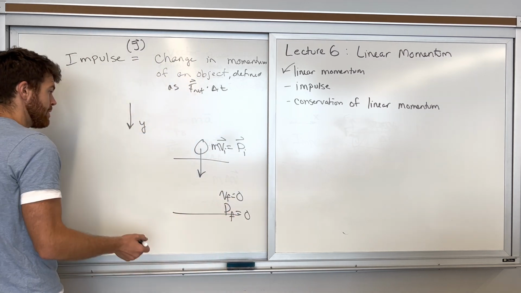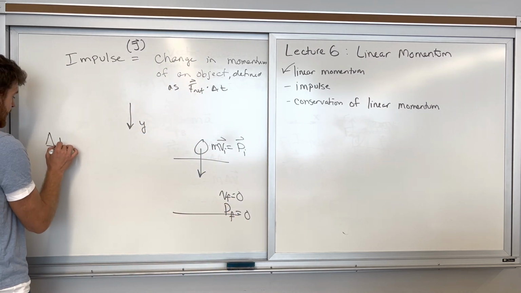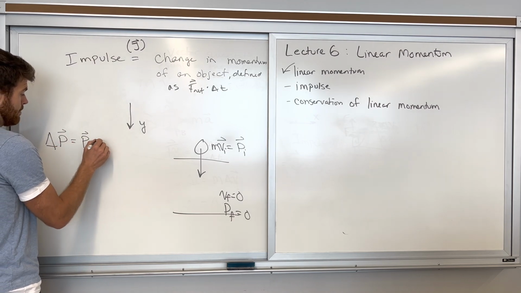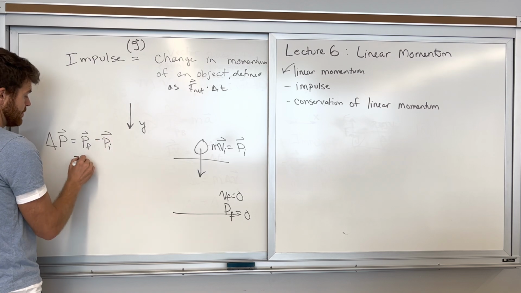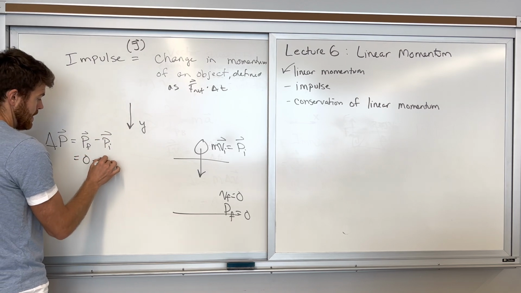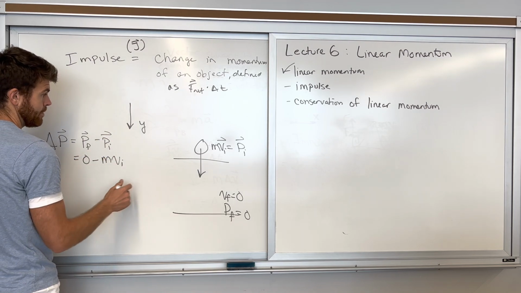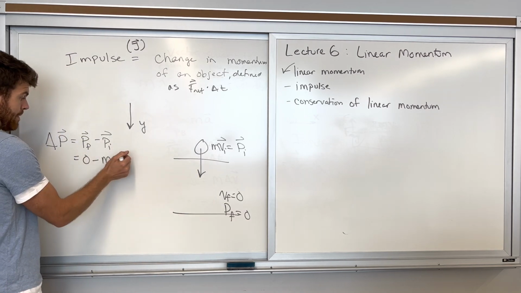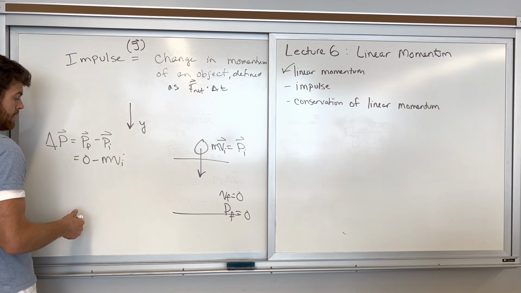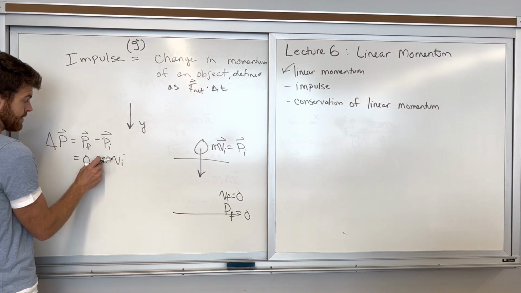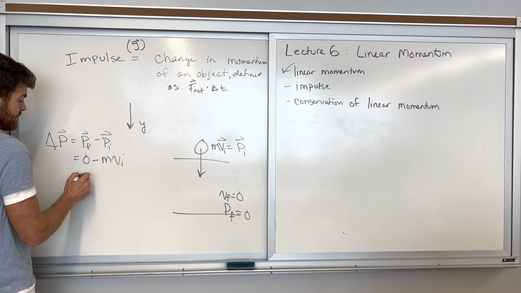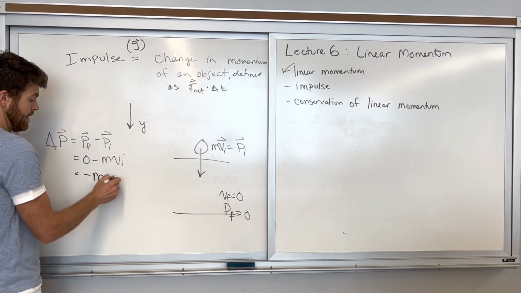So the change in momentum that this egg experiences is equal to p final minus p initial, which is 0 minus m v initial. We're saying down is positive, so I'm going to drop the vector sign and make this positive. But this negative sign is still here because it's minus p initial. So I get negative m v initial.